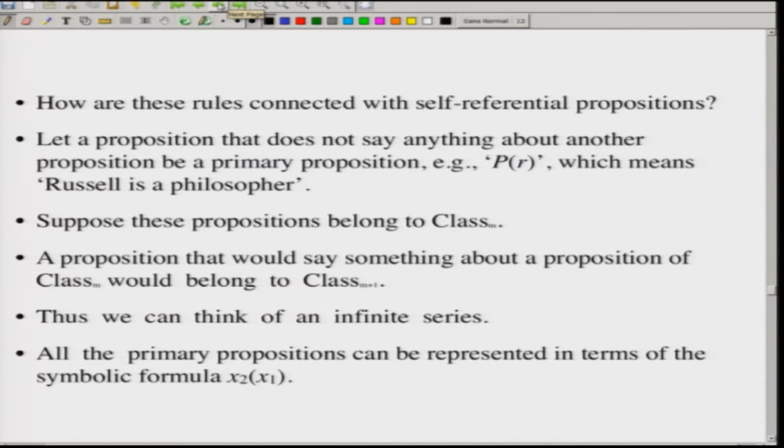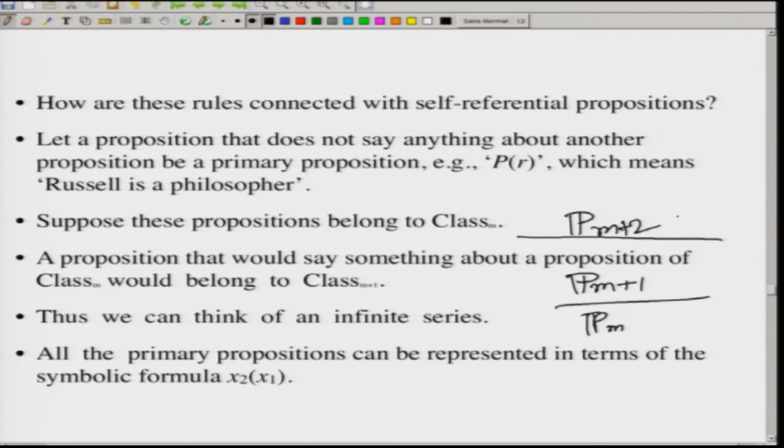Thus, we can think of an infinite series: propositions of class M, then the next level, propositions of class M plus 1, then class M plus 2, and so on.